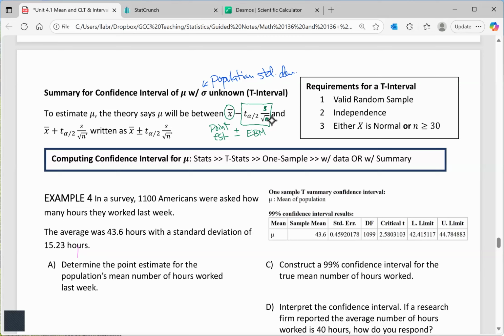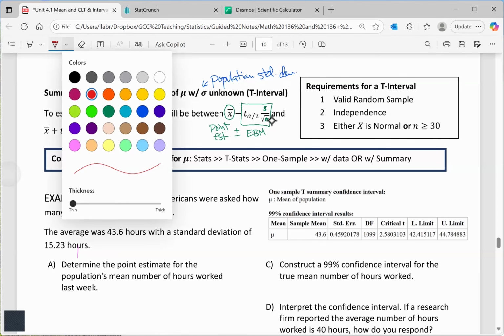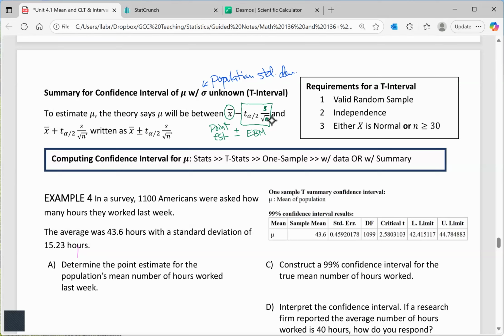The requirement, oh, by the way, because we're using technology, I'm not going to ask you to compute a lot of this. I'm going to ask you to just verify that the requirements are met. So think of this as a little check in order for you to even get started. You need to ensure that you have a valid random sample. Usually we get that from a simple random sample.